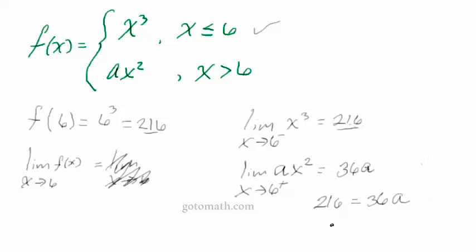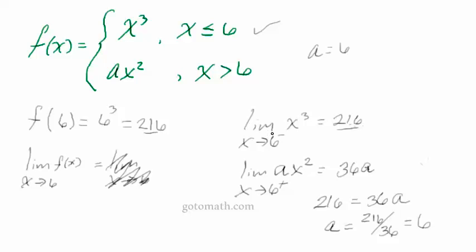So we end up getting a is equal to 216 divided by 36, and I'm sure that's going to be an integer of some kind, or a natural number more specifically, and we get 6. Yeah, we get 6 there. Wasn't that a coincidence? We get 6. Anyway, so there you go. So a is equal to 6.